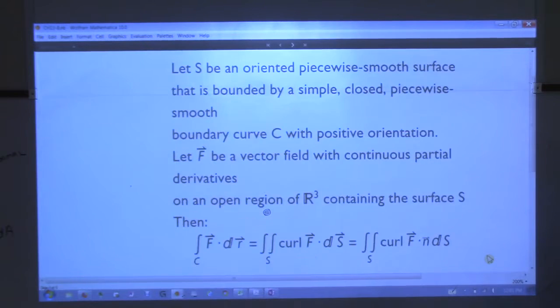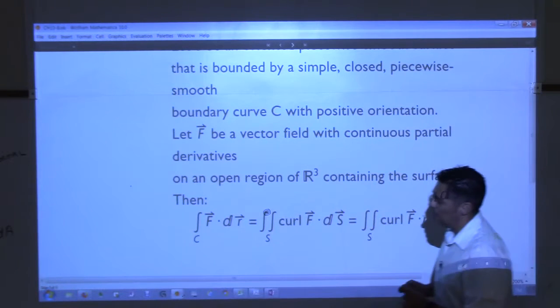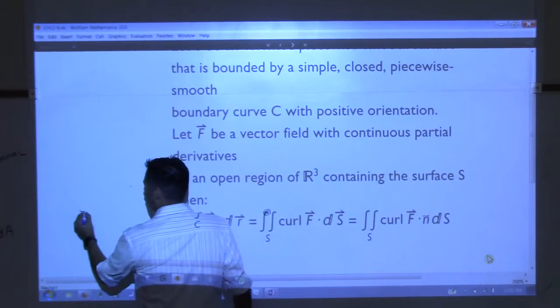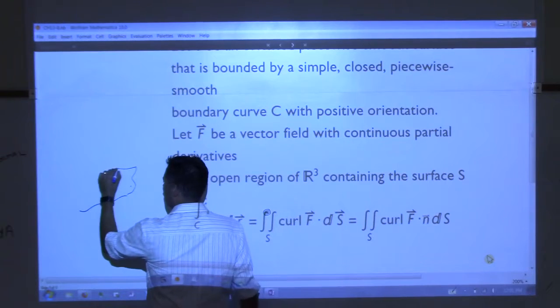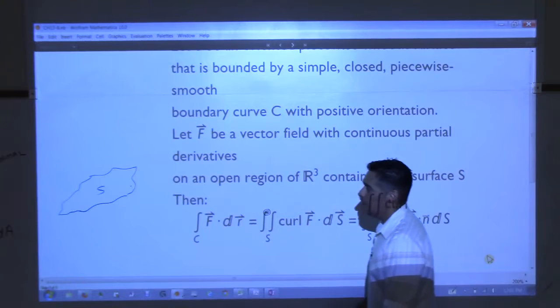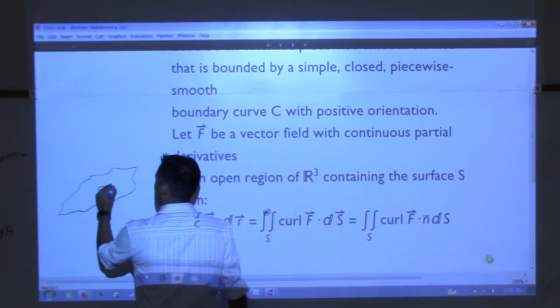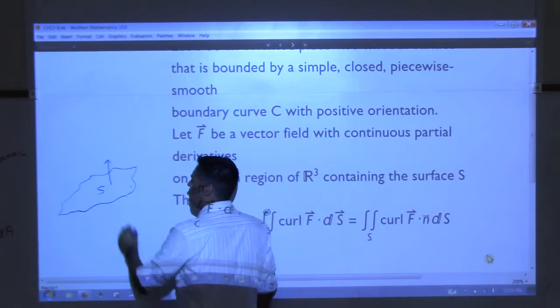All right, let F with positive orientation. So what we're going to do is this. When we have a surface in three-dimensional space, which again, this is going to be hard to draw, what we want to imagine is that the normal vector is pointed this way.